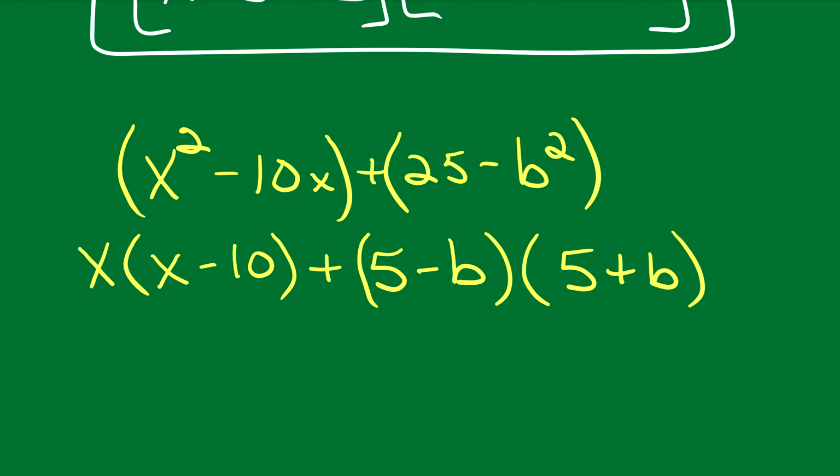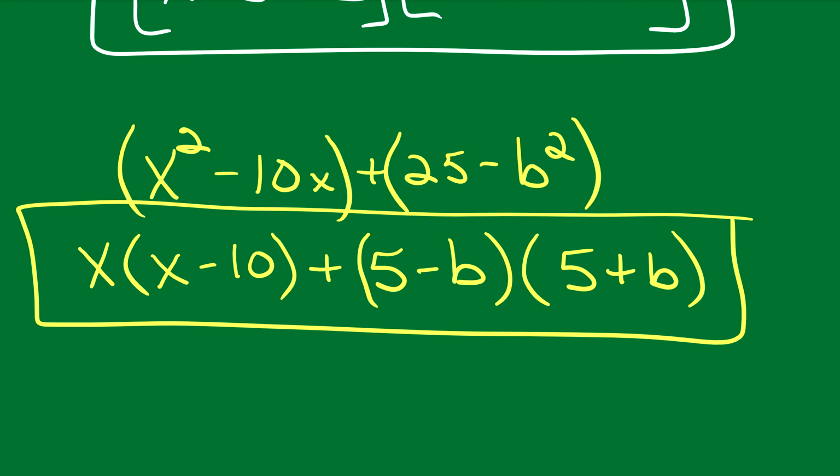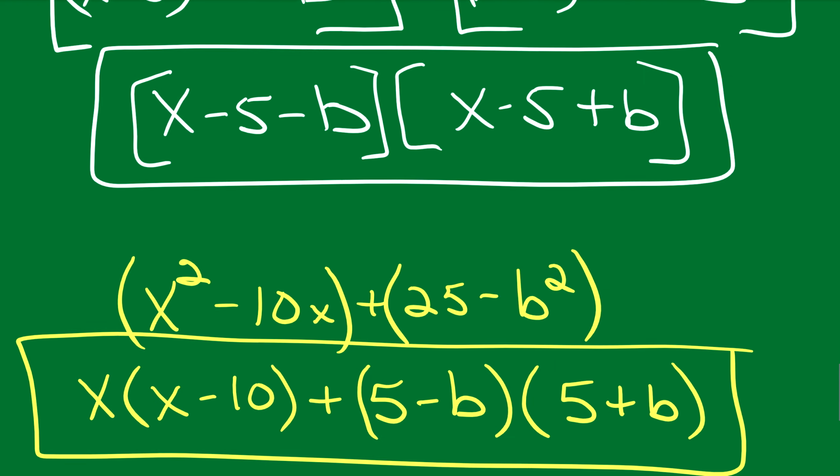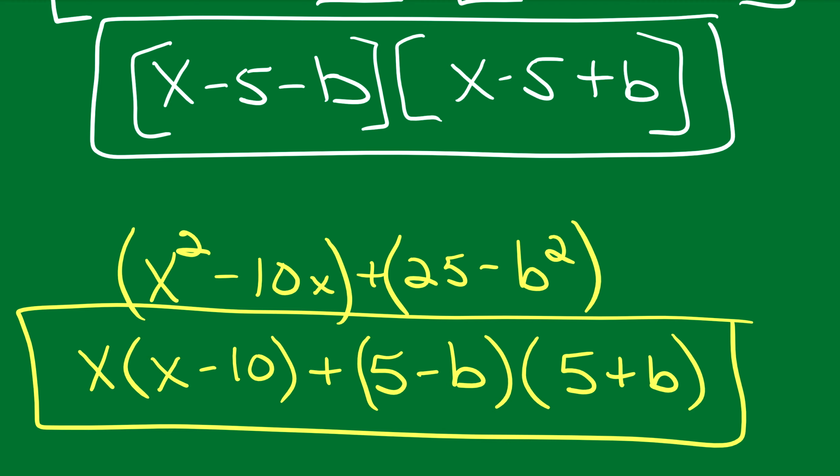And this is all I can do. It's all I can do. So I'd have this as opposed to what I've got up here. All right, so by the grace of factoring, this is our correct answer. This is what we would do.